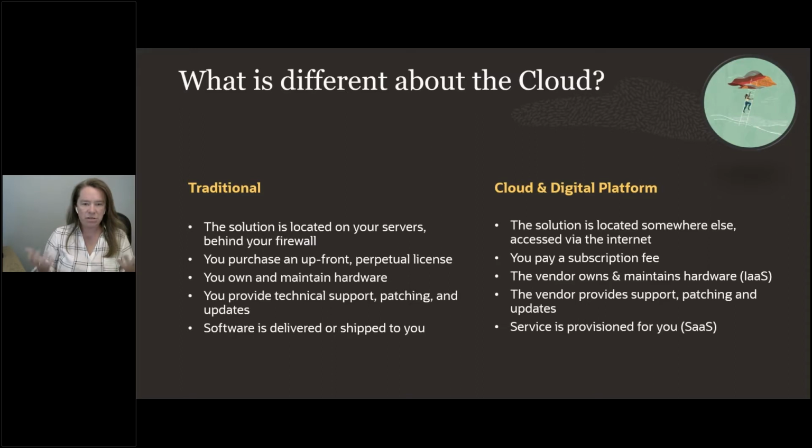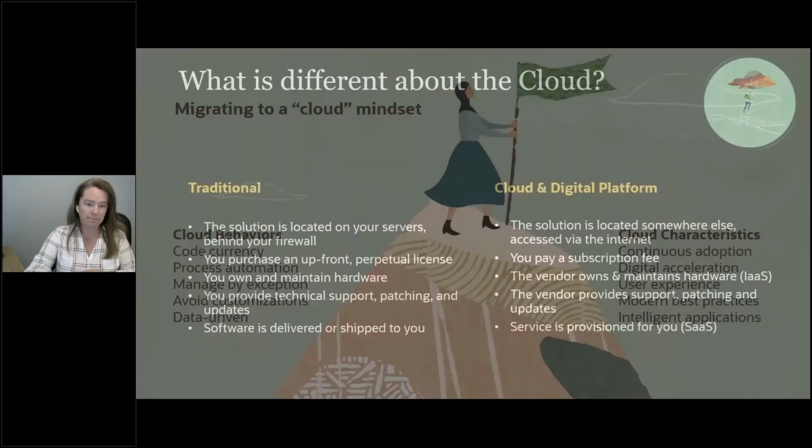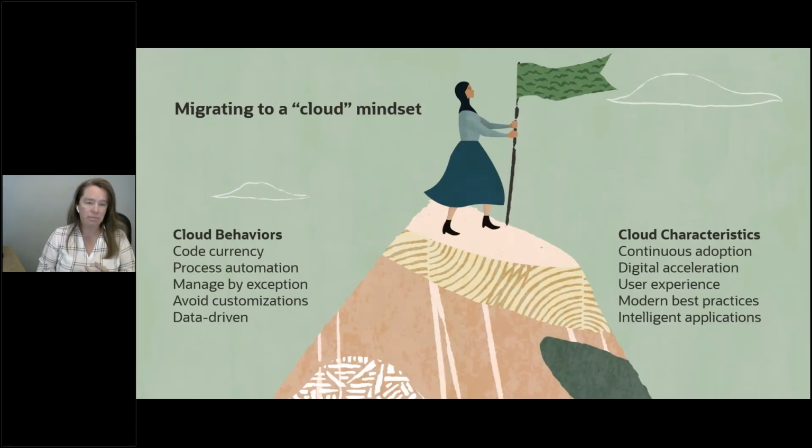Now, I would say there are some characteristics on the cloud and digital platform side that are true for JD Edwards. I pointed out one: Enterprise One has quarterly releases. And in any case, no matter which path you take, I would encourage you to start to develop a cloud mindset. What does that mean?